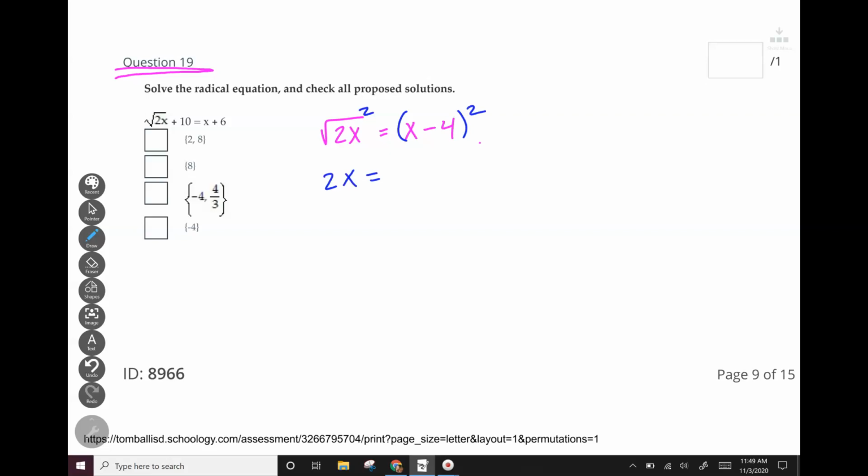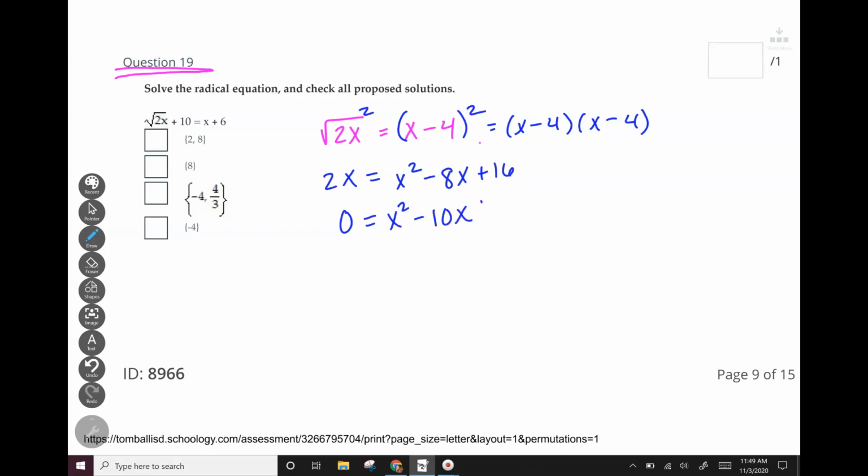And now you need to FOIL that because remember that's x minus 4 times x minus 4. Okay, so that's x squared minus 8x plus 16 when you FOIL that. And then I'll move everything to one side, so I just have a quadratic equation that I can solve however I want.